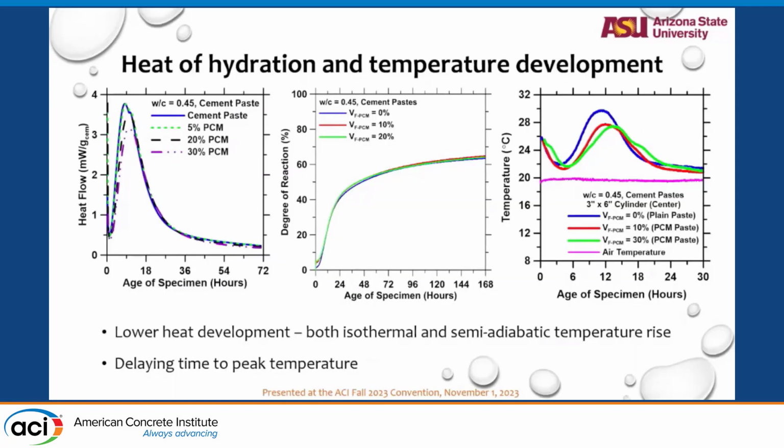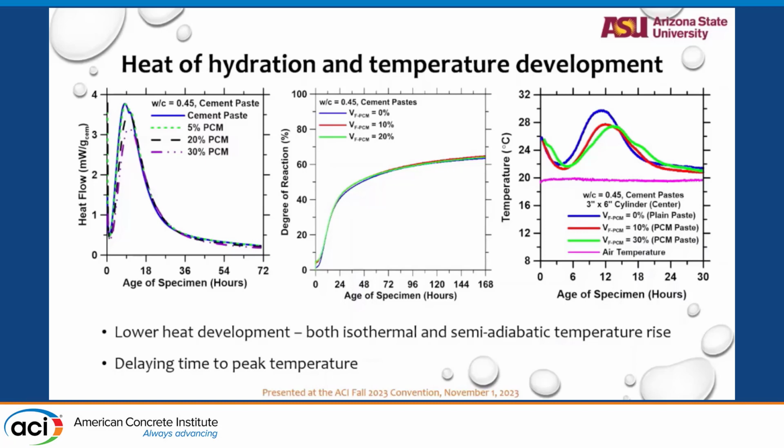So we did a calorimetric study on the PCM. Here we see 5%, 20% and 30% of PCM mixed into the concrete. Initially the calorimetry showed that the peak hydration heat release from the concrete decreased with higher PCM values, which we assumed should have been the case.